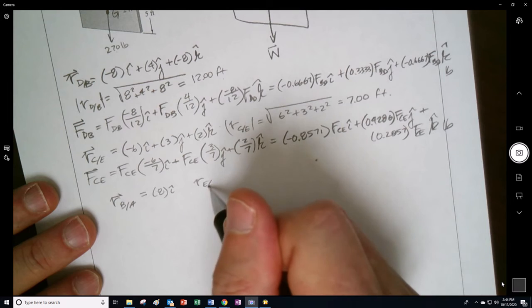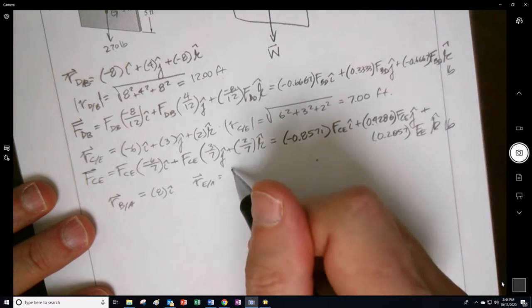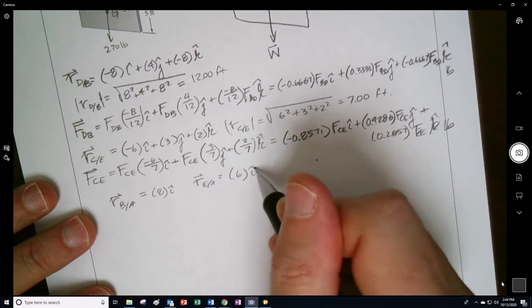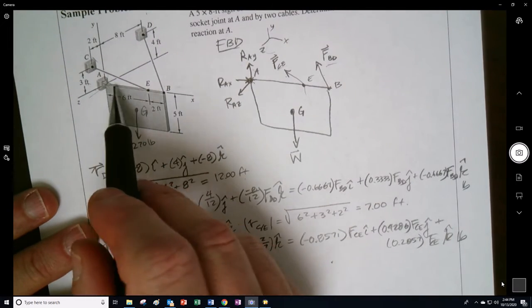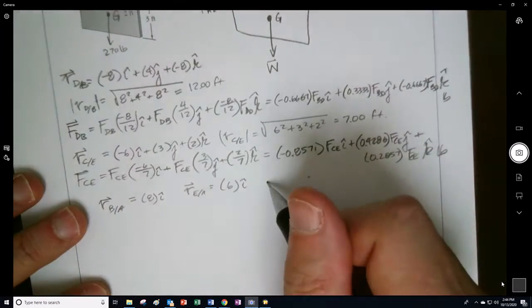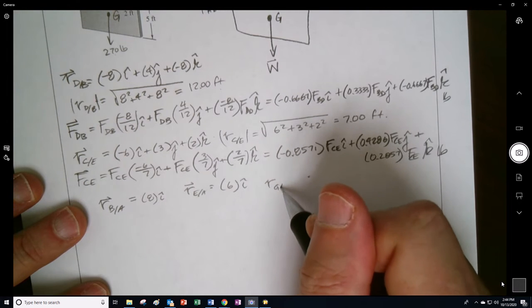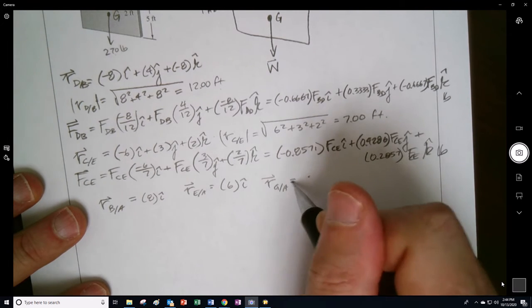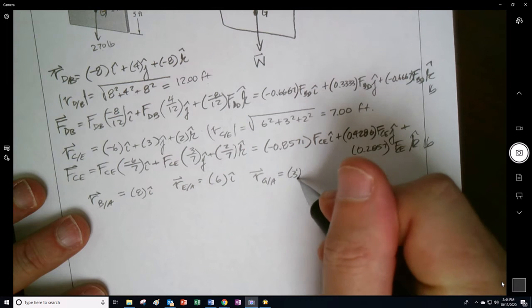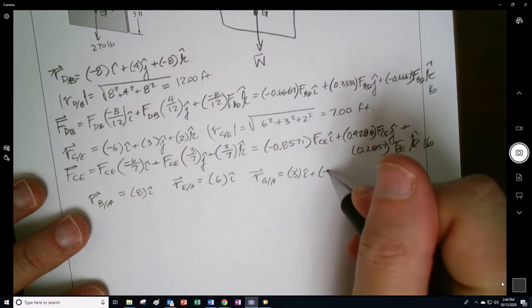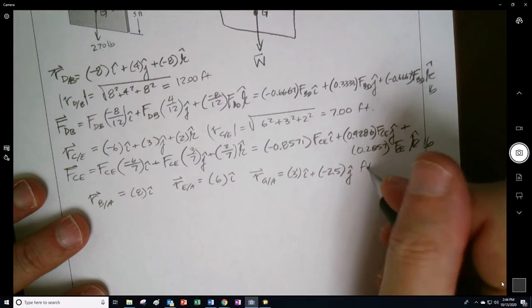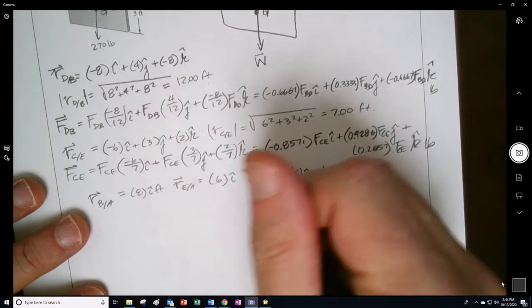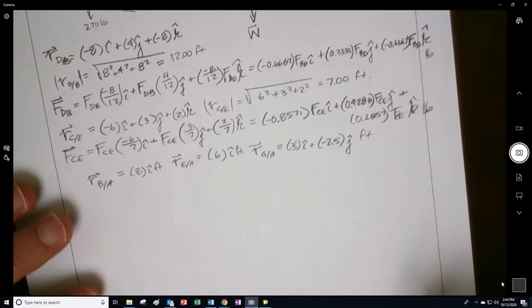Our E with respect to A is going to be 6 times i. And our G with respect to A is going to be 3i plus negative 2.5j. And these are all feet, by the way.